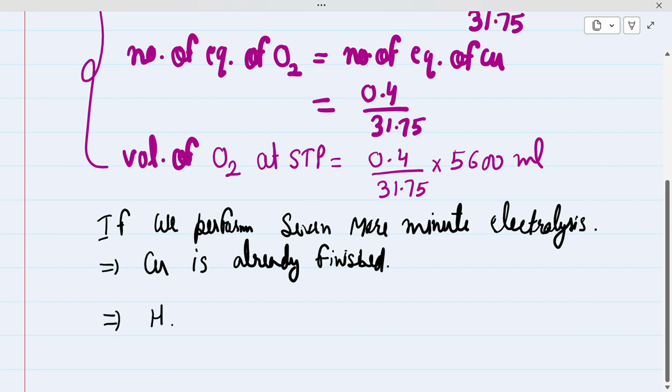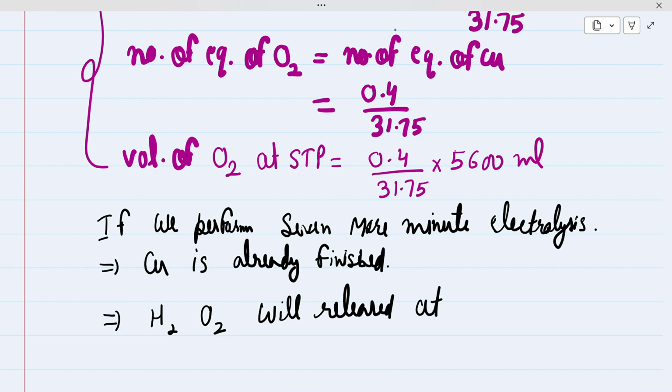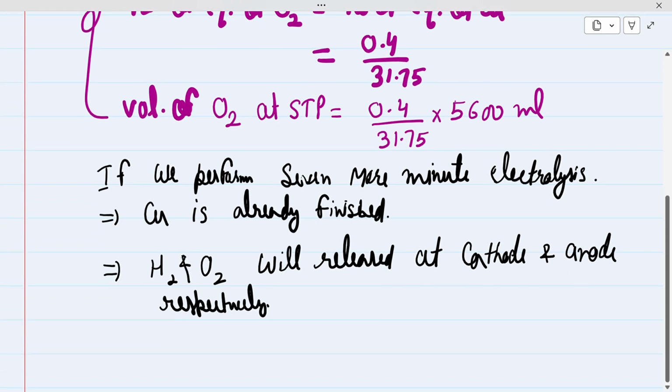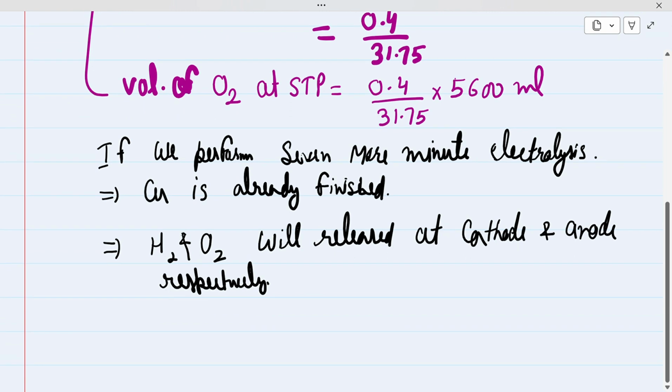So H2 and O2 will release at cathode and anode respectively. Because all copper is finished, only hydrogen and oxygen will release at cathode and anode.